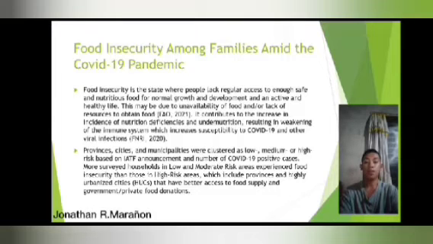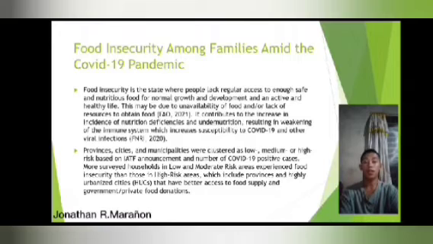So, provinces, cities, and municipalities were clustered as low, medium, or high risk based on IATF announcement and number of COVID-19 positive cases.